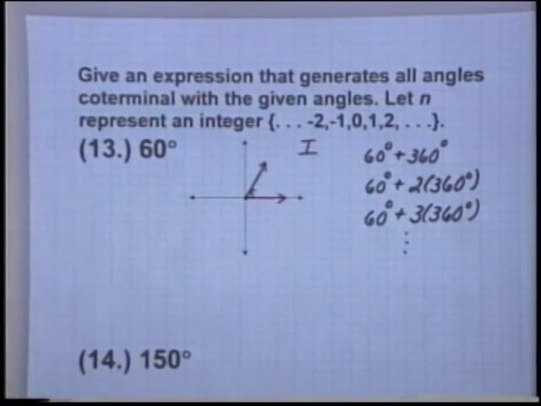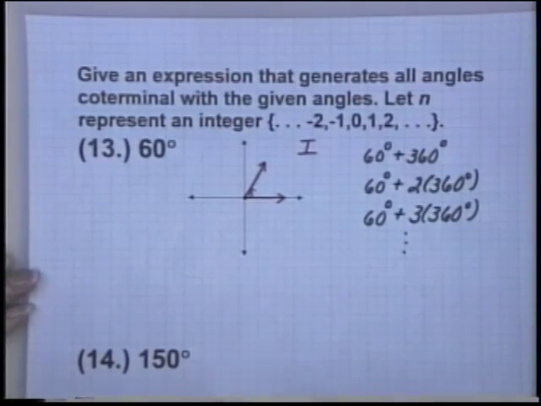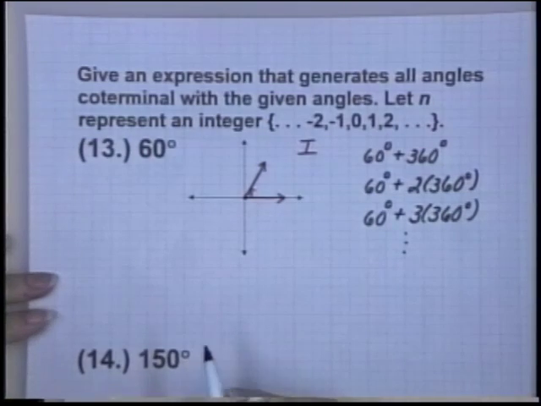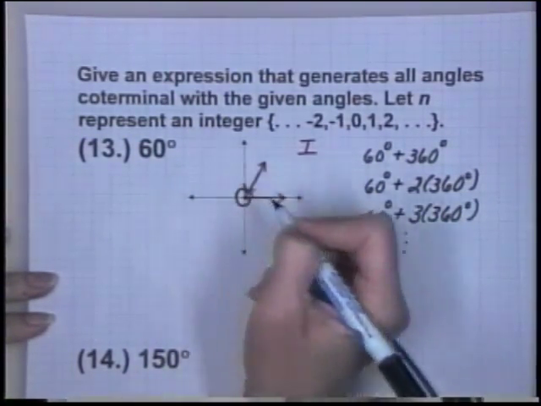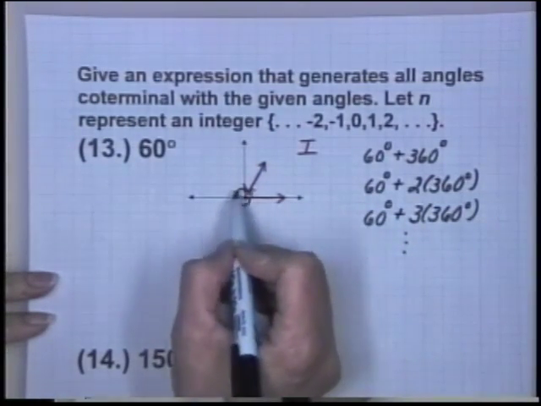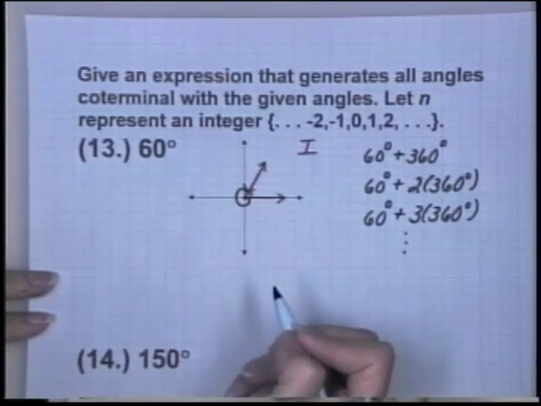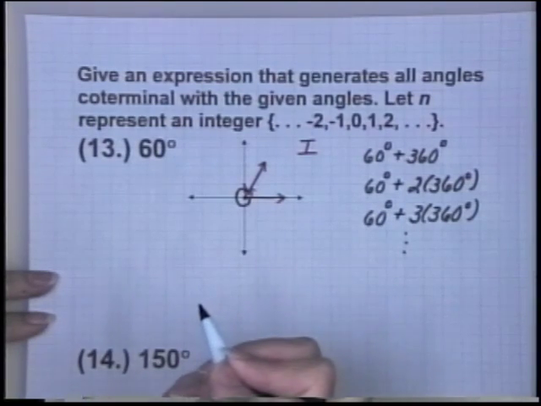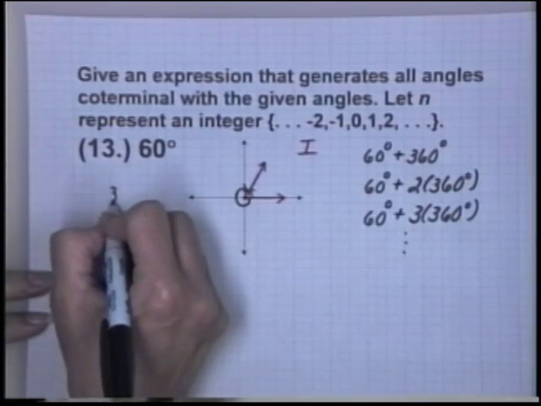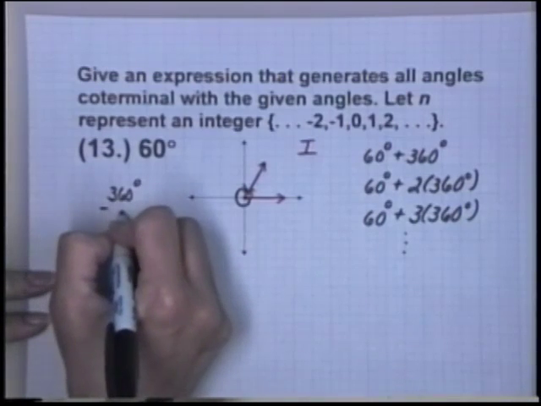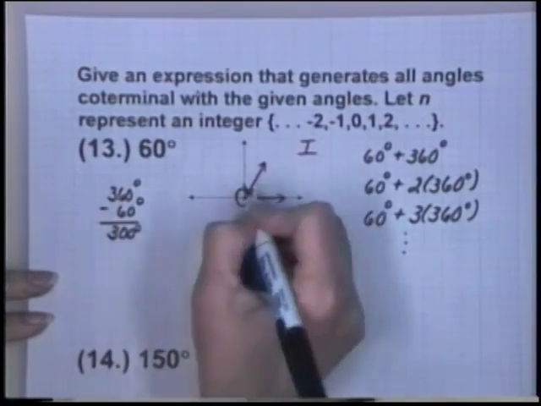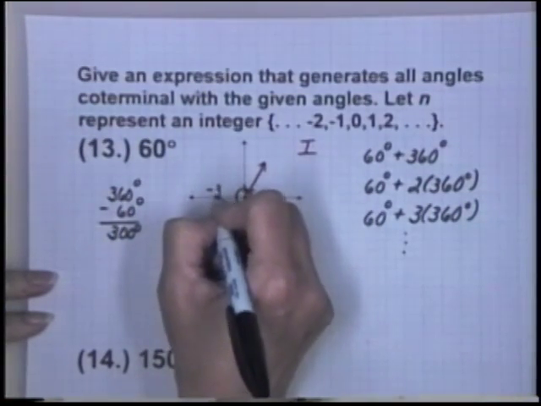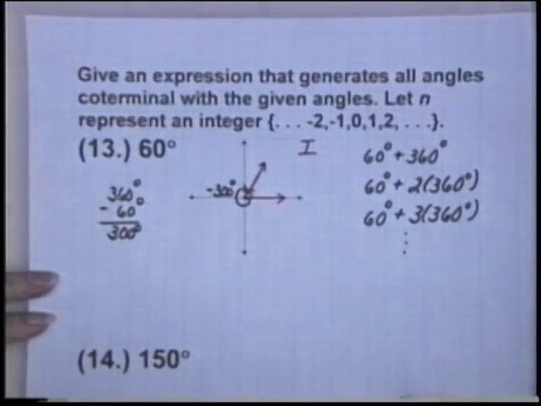Well, what if in this case we're looking for negative coterminal angles? Well, we know that one angle is this angle, and we know to get the number of degrees that we rotated the initial side in a clockwise direction, we have been saying 360 minus 60 gives us 300, so this angle is negative 300 degrees, isn't it?